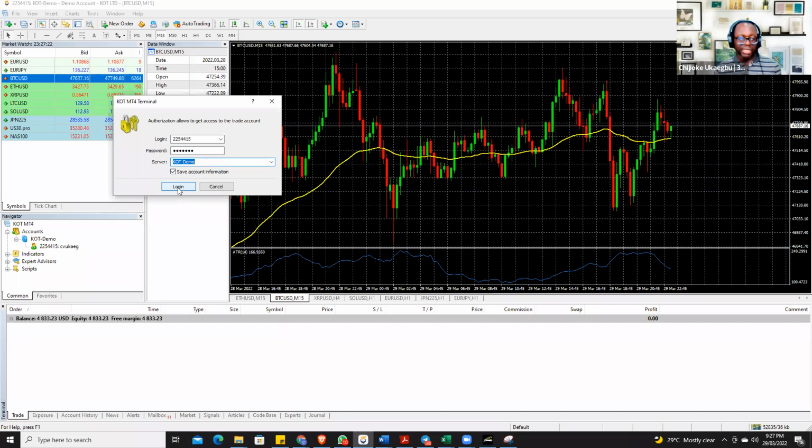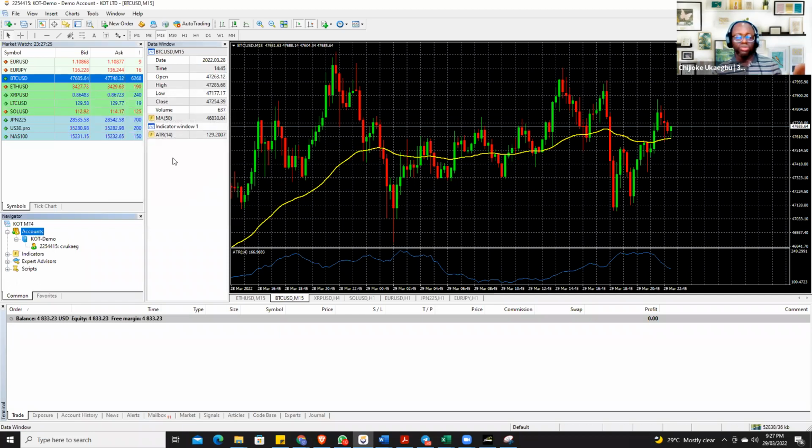Once you click login to an existing account, eventually your setup is going to be similar to what I'm showing you here. I'll show you the additional changes that you will need to make to get to this point. So those are the steps you will need to go through to get your demo account set up.